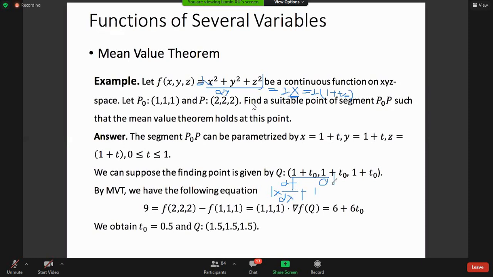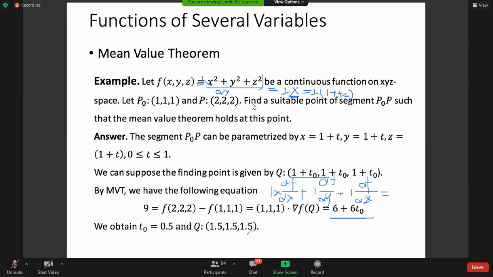So we can also do it for partial f partial y, and also partial f partial z. In fact, they are all the same. So it equals this one.